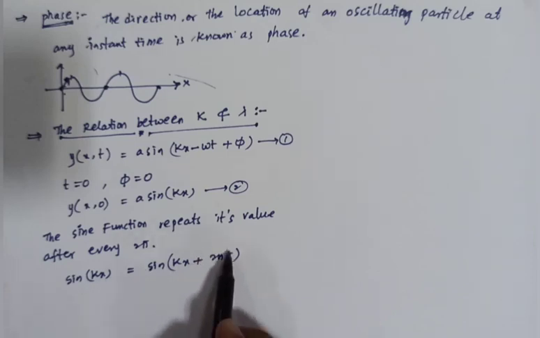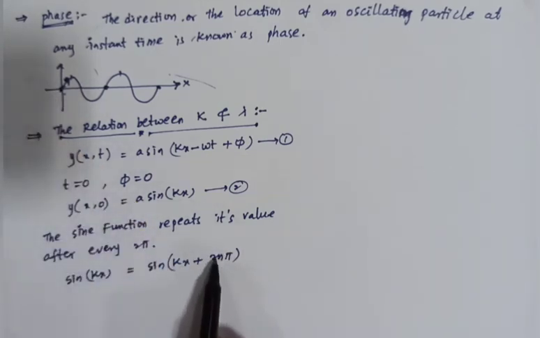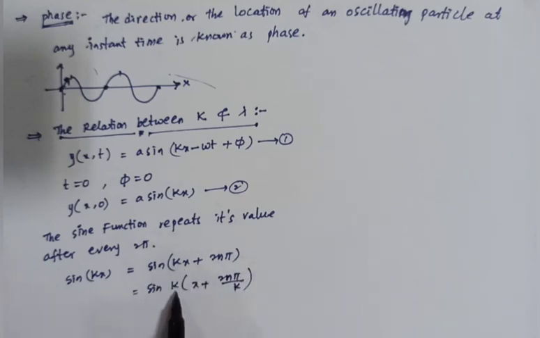At n equals 0, the term 2n pi is 0, so we get the same term sin kx. At n equals 1, sin(2 pi plus kx) equals sin kx. Here k is taken common inside the sine, so sin k(x plus 2n pi by k).